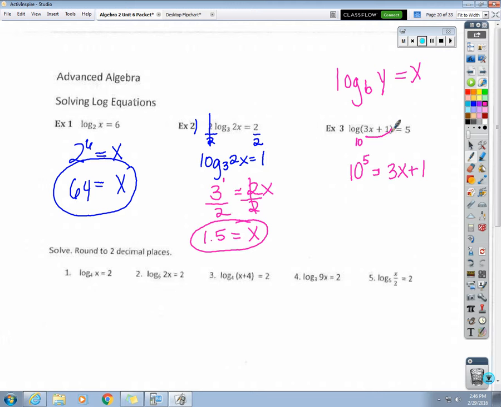Y is all of that. And then x is 5. So when I rearrange it into b to the x equals y, that's what it looks like. So now I need to actually evaluate. Well, first, don't I need to do 10 to the 5th? What is 10 to the 5th power? 100,000. And now what do I do next?